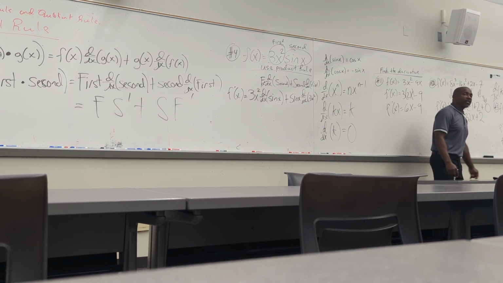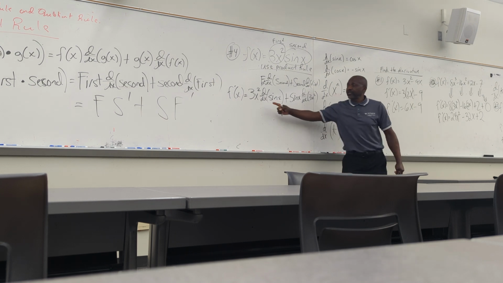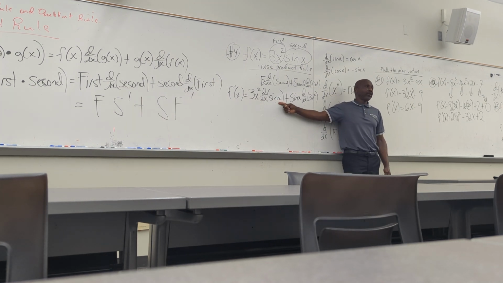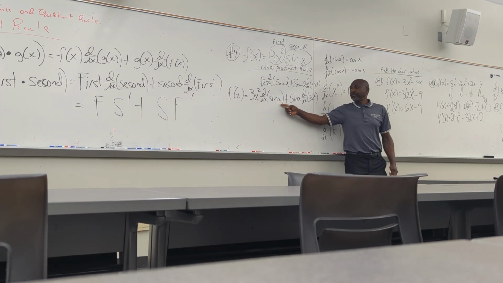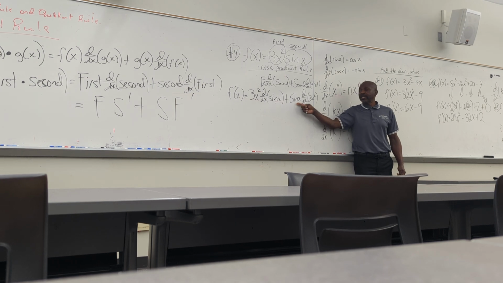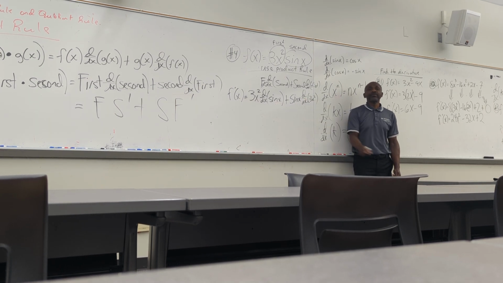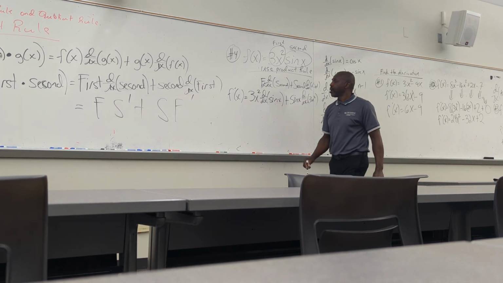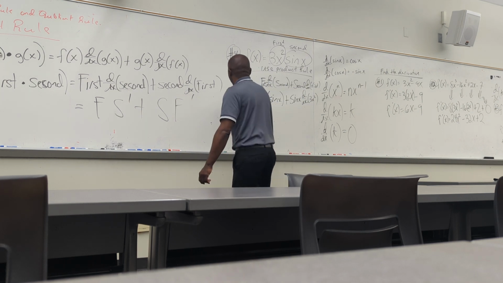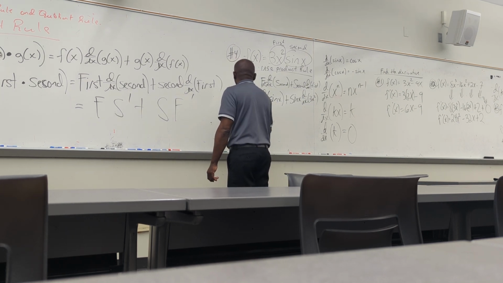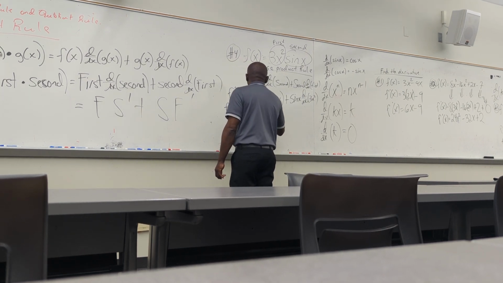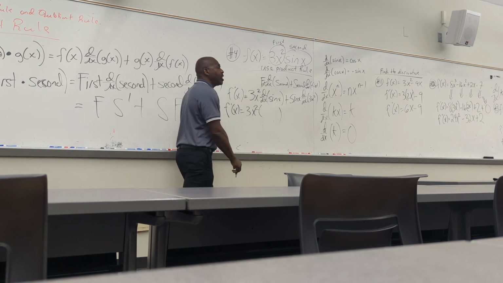So it's the first times the derivative of the second, so the first is 3x squared times the derivative of what? Sin x. And then plus the second, which is sin x, times the derivative of the first, which is 3x squared. So now we have f prime of x is 3x squared, and what's the derivative of sin x?